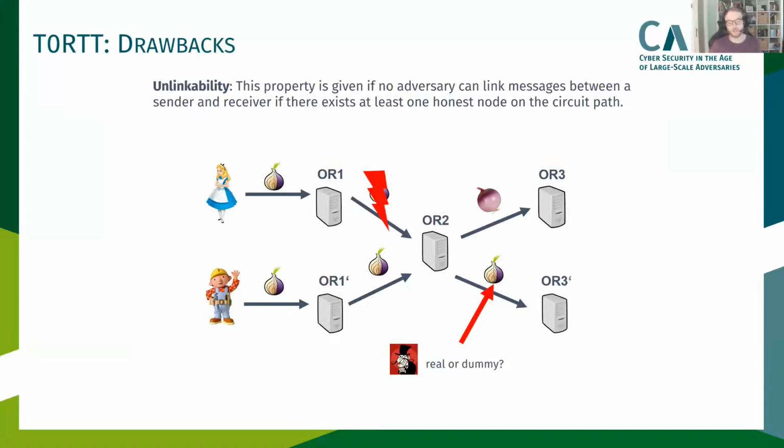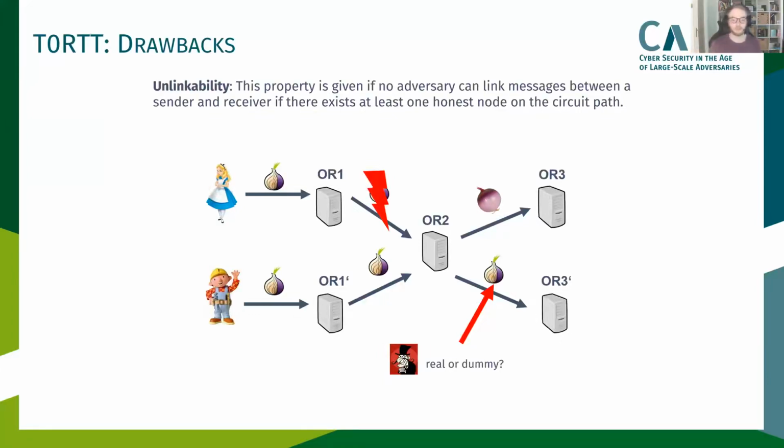So now the attacker may see that the onion message sent by Alice will fail at the middle node, but the attacker is not able to distinguish the real onion from the dummy onion, and the attacker cannot link the last onion router to Bob, which means we have achieved unlinkability again.